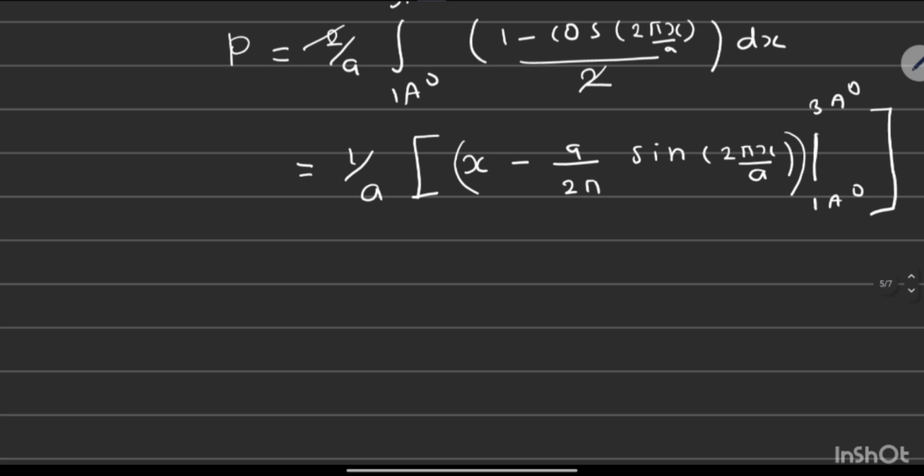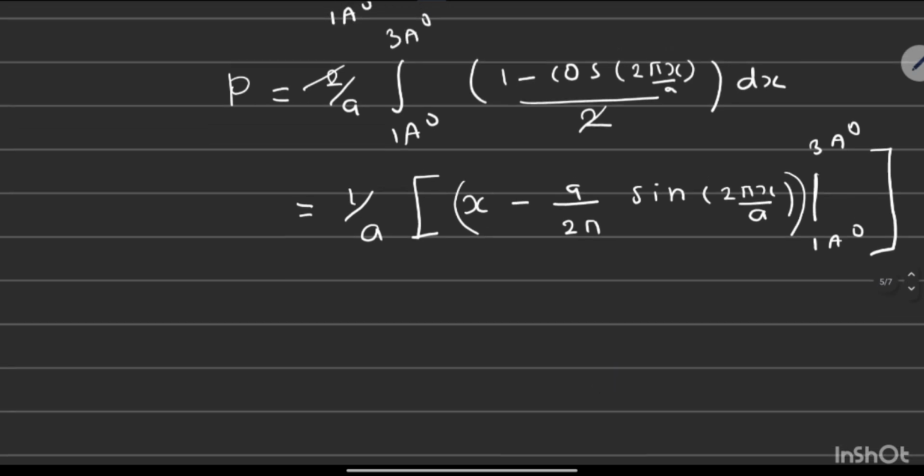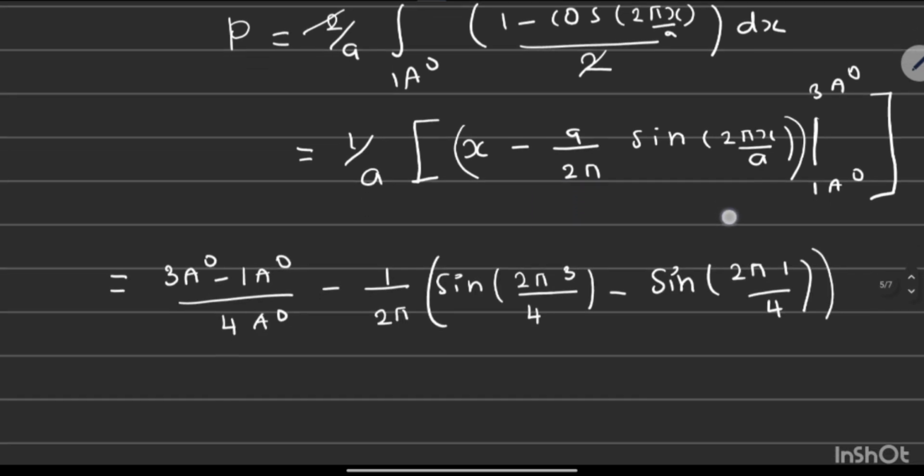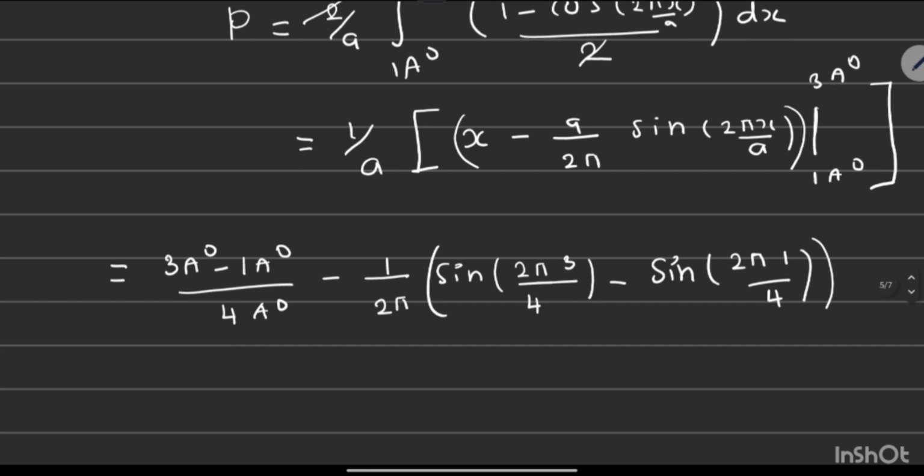Breaking the bracket and doing the integration, one will get this equation, and substituting the lower and upper limits, one will get 3 Angstrom by 4 Angstrom, where a is 4 Angstrom. Angstrom by Angstrom can be cancelled, so it can be written as 3 by 4.